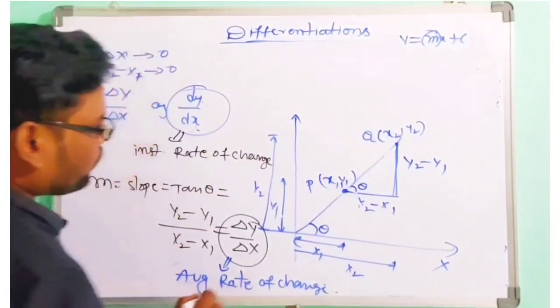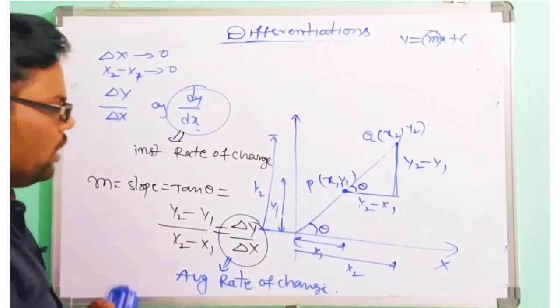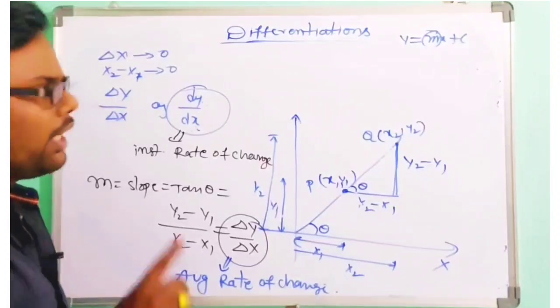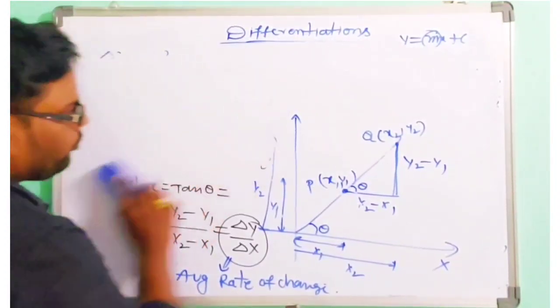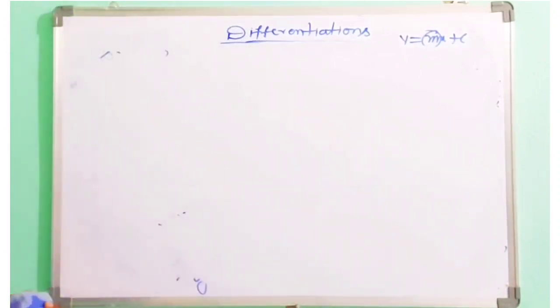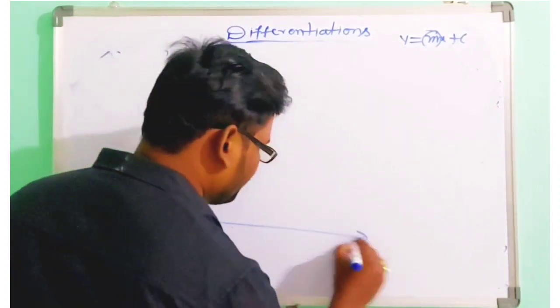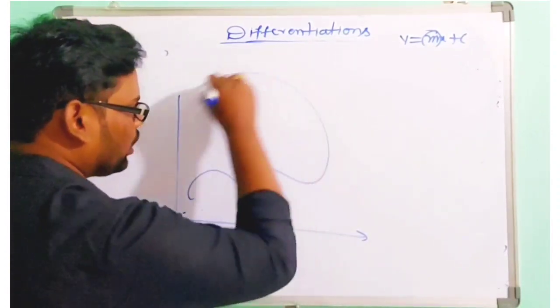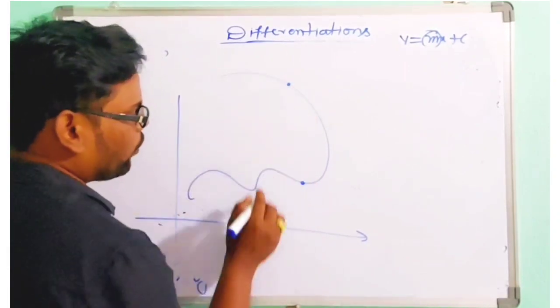Now I am going to conclude this with the help of a curved line. So let me take the curved line here. Again I am taking an xy graph, and this is the curved line, and this is one point and this is another point.